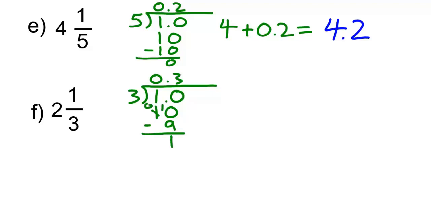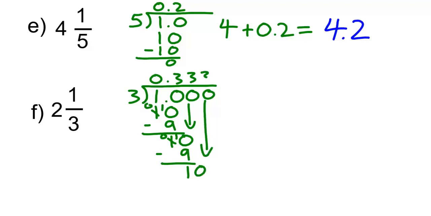Bring down a 0. 3 goes into 10 3 times again. We can stop because we see a pattern. So 2 plus 0.3 repeating is equal to 2.3 repeating.